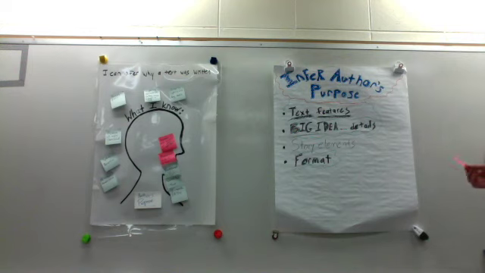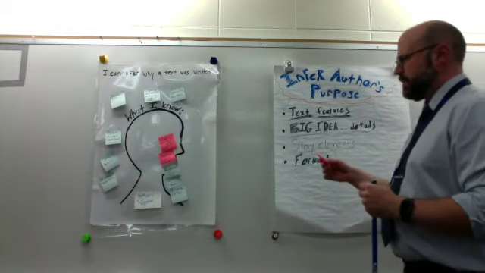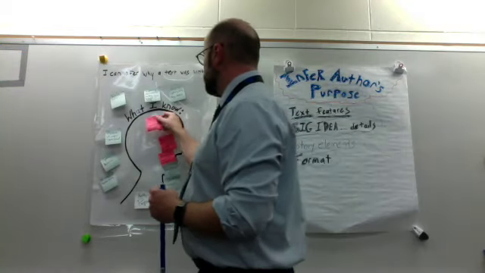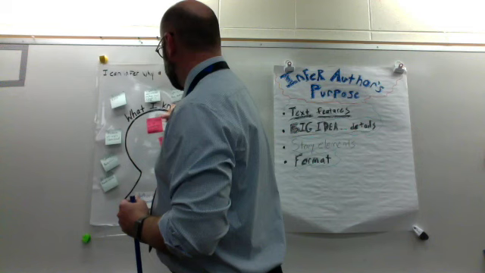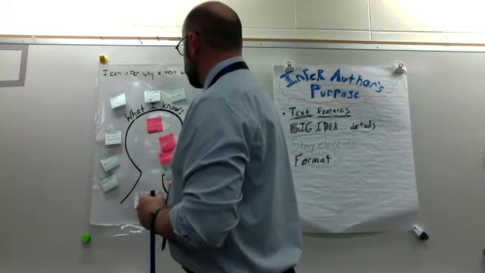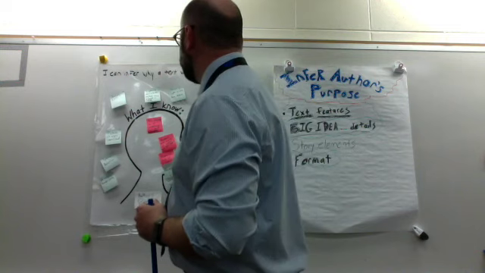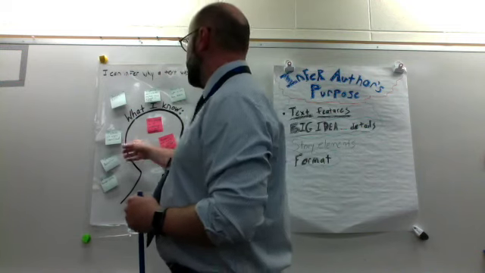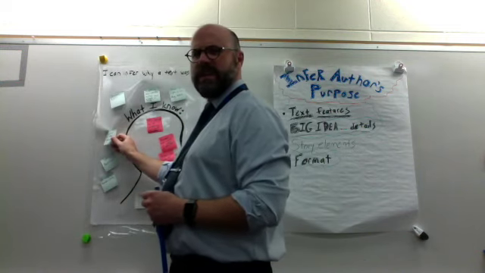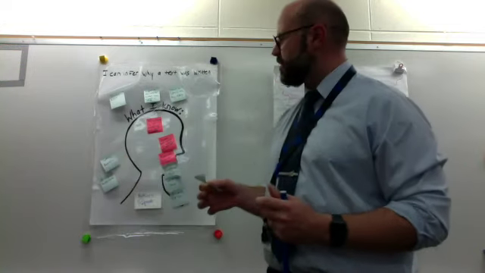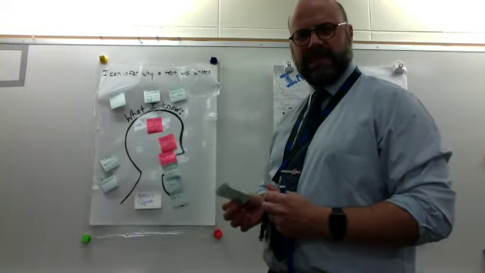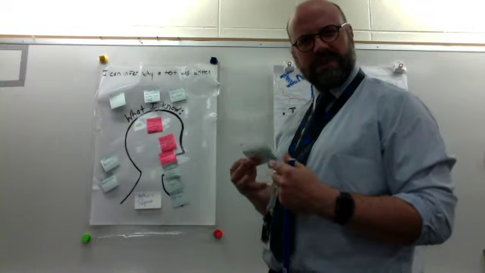I'm going to pull the title here. This reminds me of something bad about to happen. If I think about the picture of the angry storm cloud, that's another text feature, but it's a picture, and it makes me think that something's about to happen. It's an angry storm cloud.